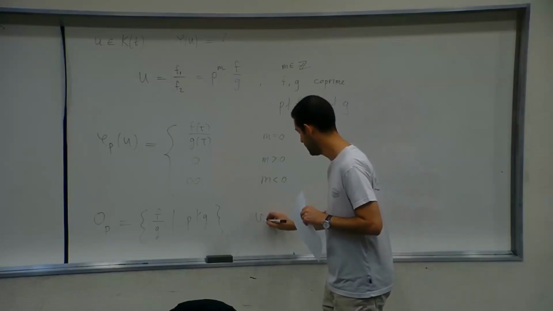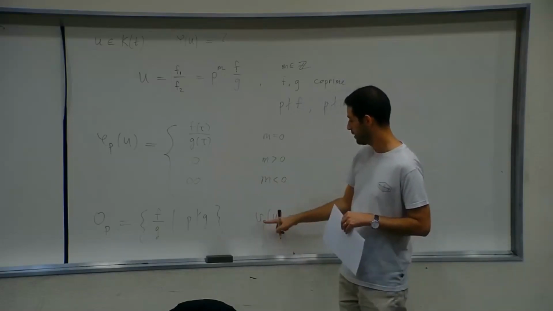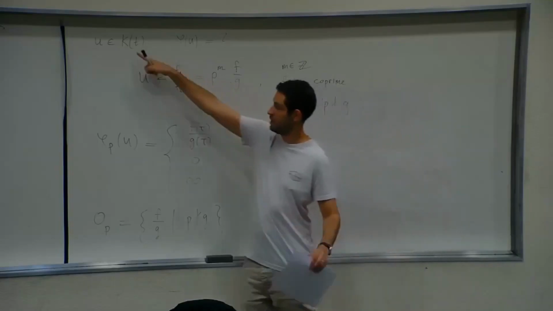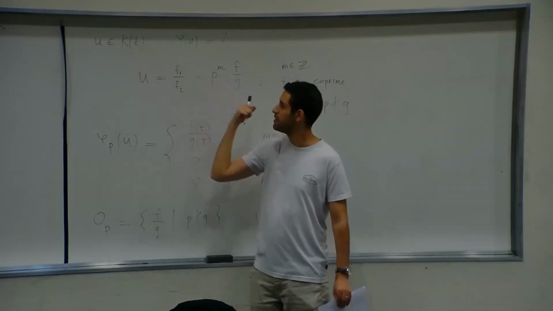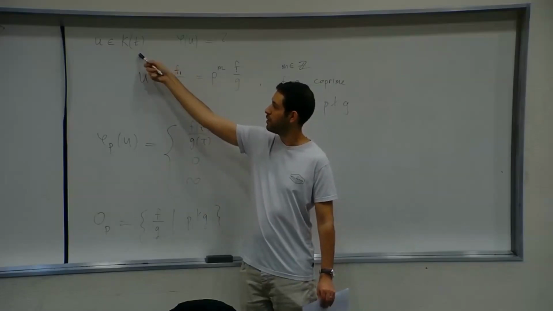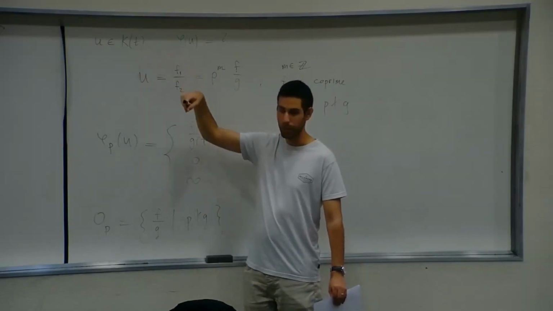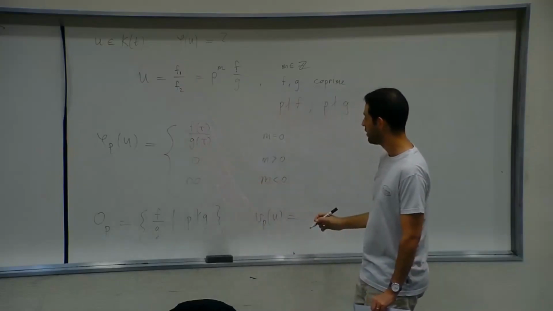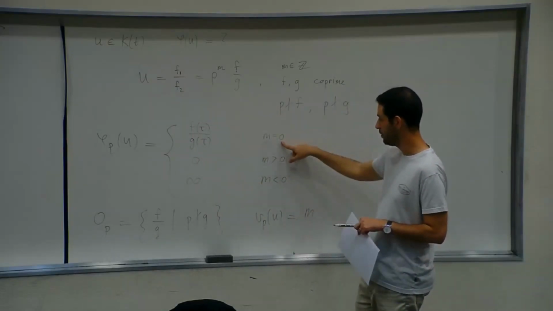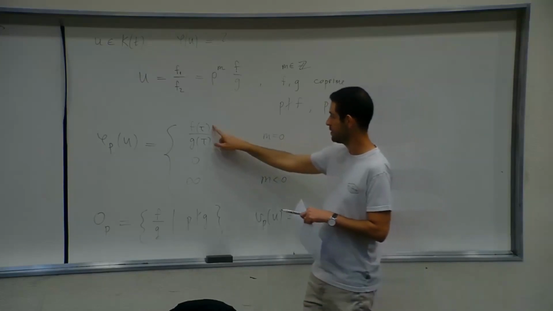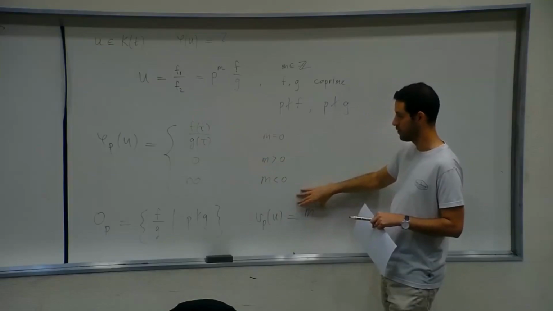And what is the valuation? Right, so for every element in K(t), the valuation is the order of the zero or pole this function has at this point. So it's just m. If m is 0, then this is some non-zero value, so the valuation is zero.